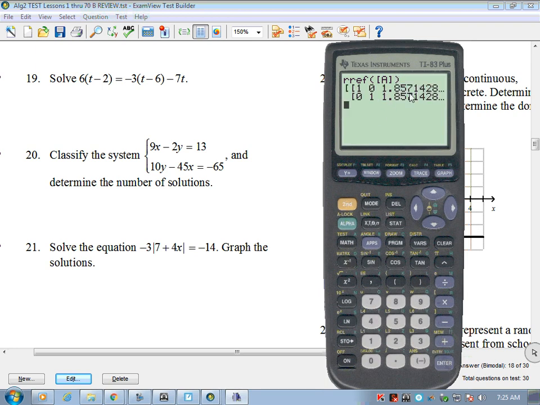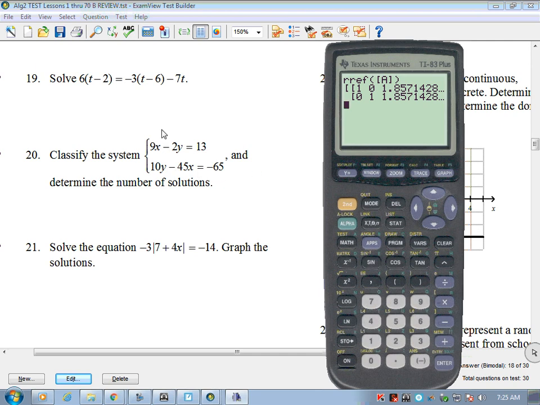All right, so we get kind of a complicated answer, but notice that I get the exact same answer for my X and my Y. What we're seeing here is that the system is consistent, independent, has infinitely many solutions because they're the same line. 9x minus 2y equals 13 is the same as 10y minus 45x equals -65.